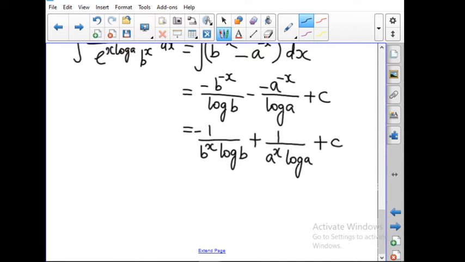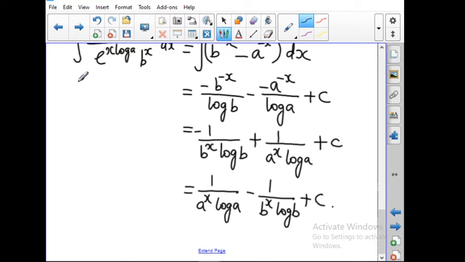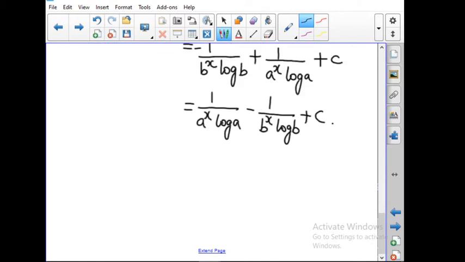Now you can write the plus term first: 1/(a^x log a) minus 1/(b^x log b) plus c. So this is the answer for your problem. In this problem we have the power as minus x, so we have to take the minus sign when integrating. Next we shall move to the next problem.